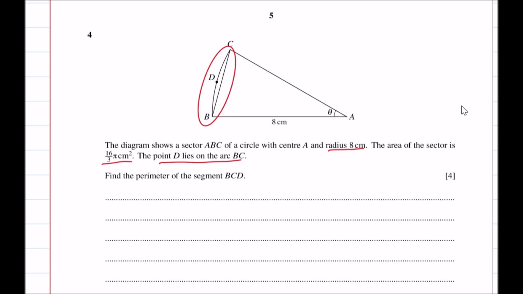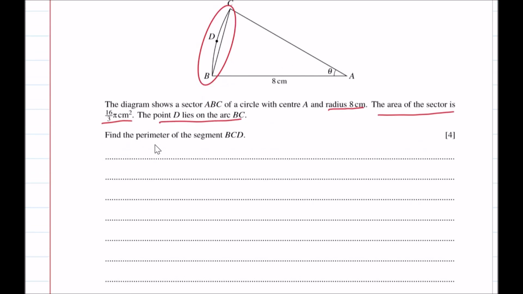You can see here in the question. They have given us area of the sector. This information will be used to find the angle. And this angle will help us in finding the arc length as well as the length BC of the triangle ABC. Okay. So let me show you one by one how to find.